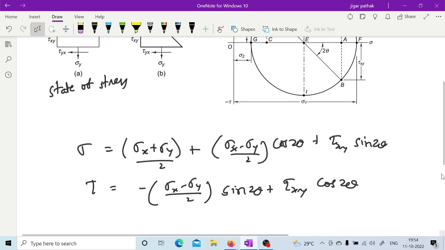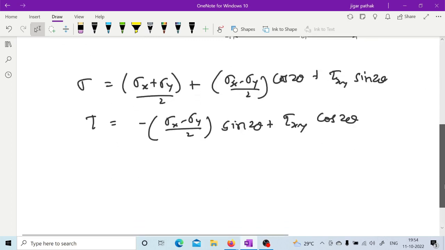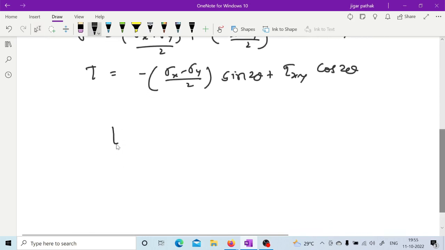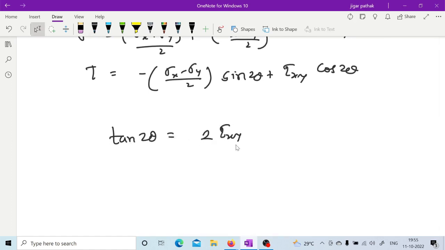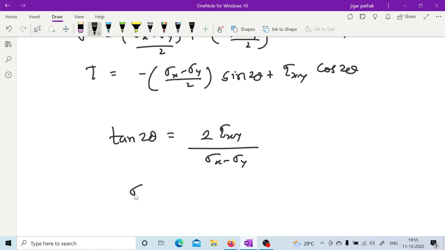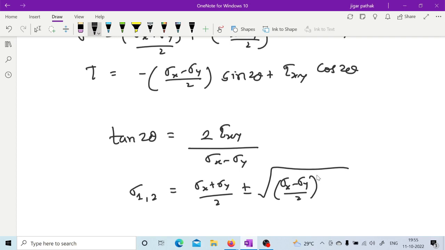Now in order to get the maximum normal stress, you can differentiate this sigma and equate it to 0, which will give you tan 2 theta equal to 2 tau xy upon sigma x minus sigma y. This theta will give you two values, and according to that you will get sigma 1 and sigma 2 as sigma x plus sigma y by 2 plus or minus under root of (sigma x minus sigma y by 2) square plus tau xy square.